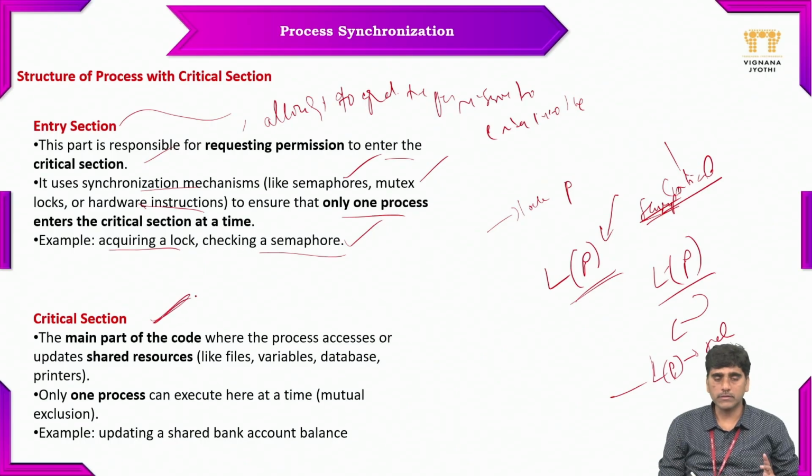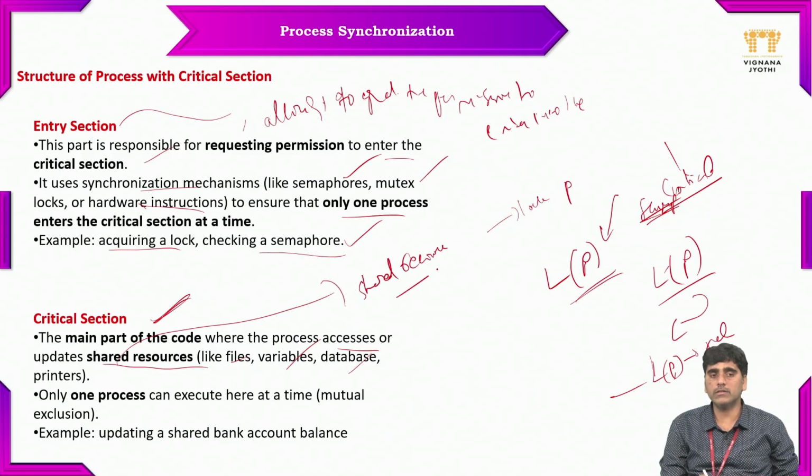And the main part, the critical section, is the part of the code where the processes access or update shared resources like files, variables, databases, printers, whatever you want to update, all the database operations on the particular resources. They do all this in the critical section itself.